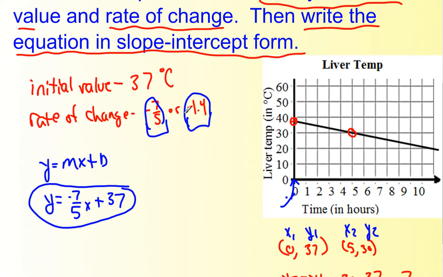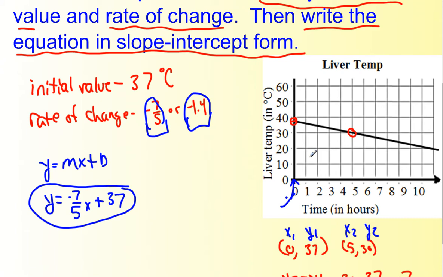So every hour after this start of 37 degrees, it's going down by 1.4. The next hour, it's down another 1.4, down another 1.4, down another 1.4. So that rate of change would be how much the body, the liver temperature, cools down with respect to time.